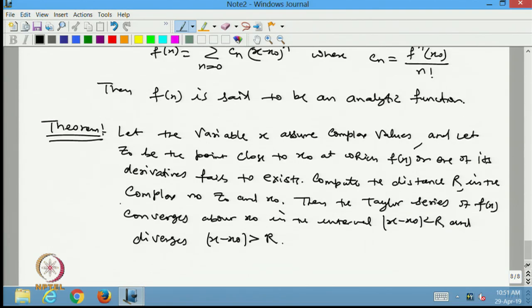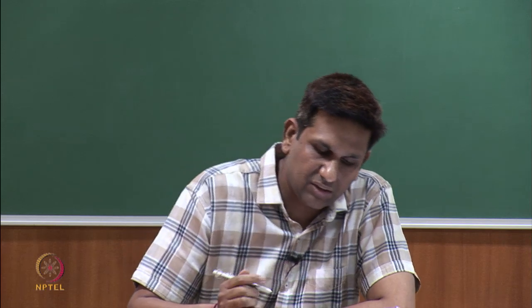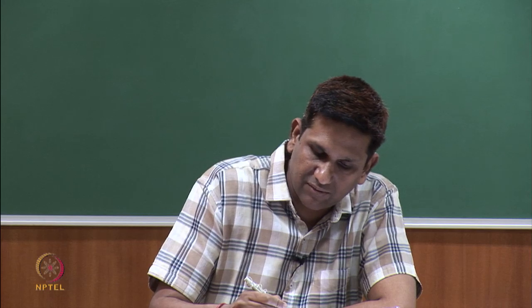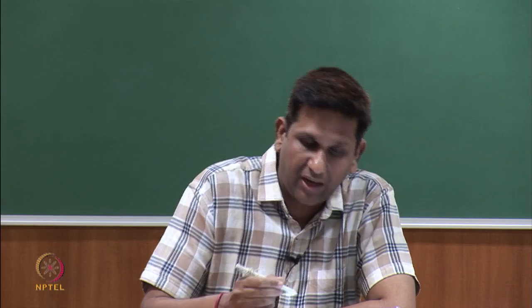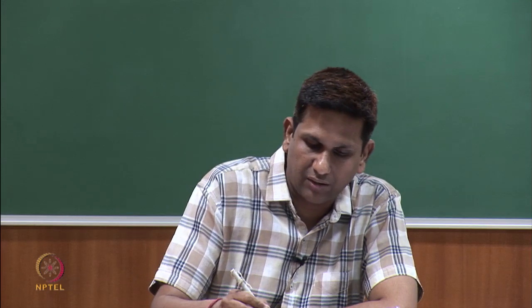So, in this case, we have the power series, and suppose at some value x equal to x naught or some complex number, the function f(x) or all its derivatives fail. Then the given power series converges in this region, and it will diverge for the region |x minus x naught| greater than r.